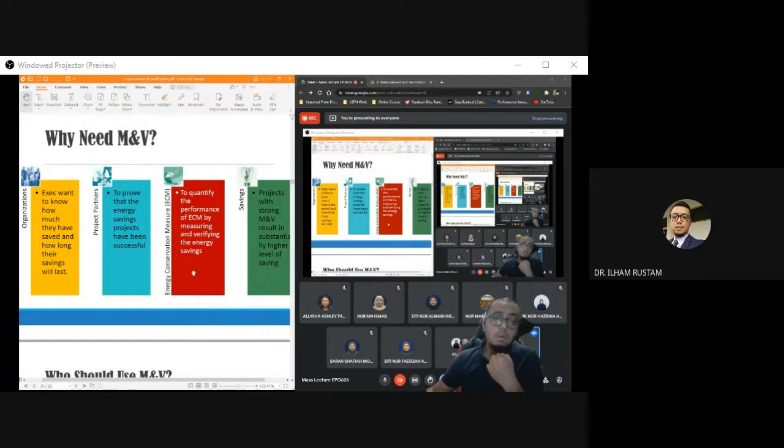For the ECM aspects, to quantify the performance of the proposed ECM, and measure and verify the energy savings. And finally, from a savings perspective, a project with strong MNV results will result in substantially higher levels of saving. So this is the reason why.